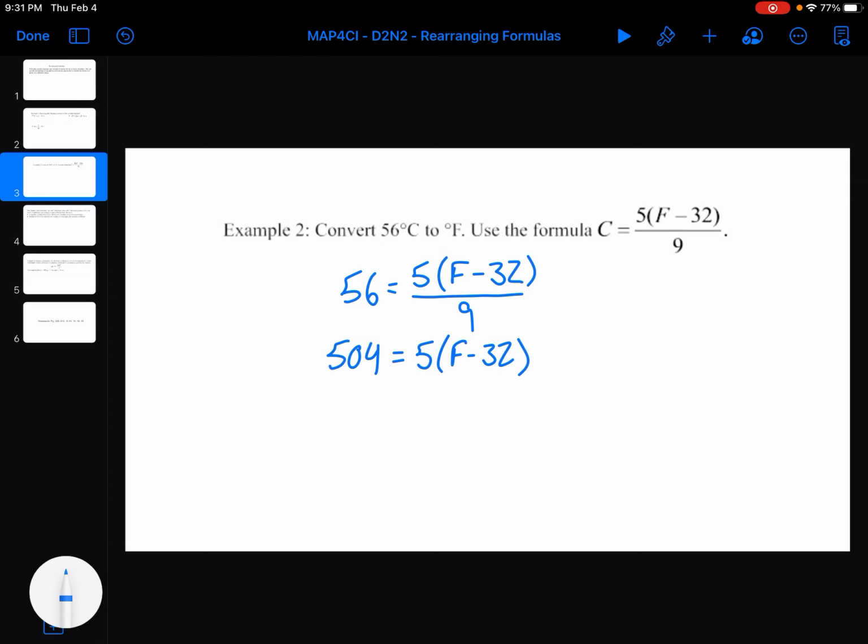Now I'm going to divide by 5 because I need to get rid of the multiplying. So I'm going to have 100.8 equals f minus 32. And then I need to add the 32 to the other side. So I get f equals 132.8. And now I just switched the f over and made it look nicer. 132.8 equals f is just as right as f equals 132.8.